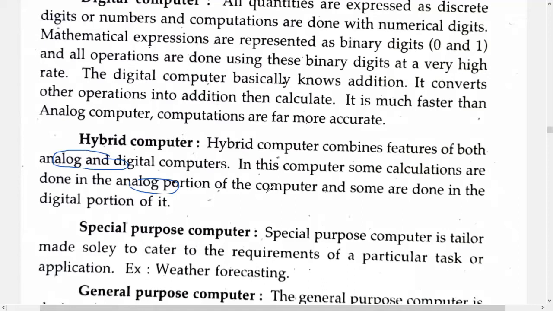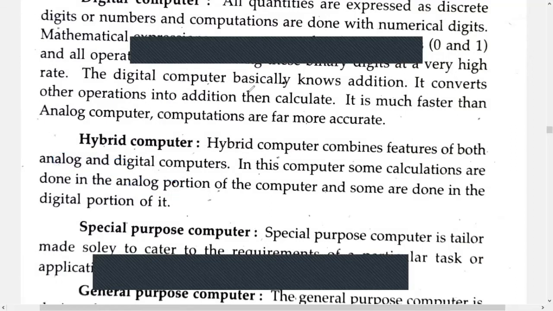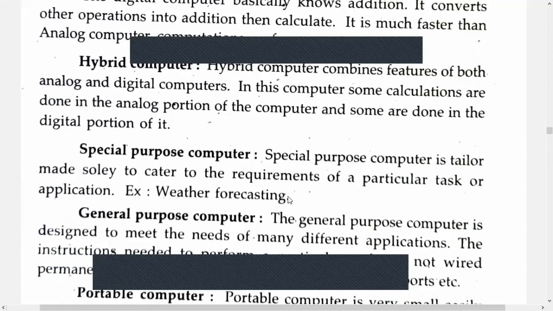Special purpose computer. A special purpose computer is tailor made solely to cater to the requirements of a particular task or application. Example, weather forecasting. Forecasting and scientific laboratories generally work on these special purpose computers.